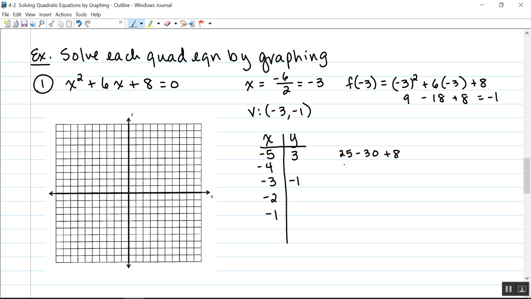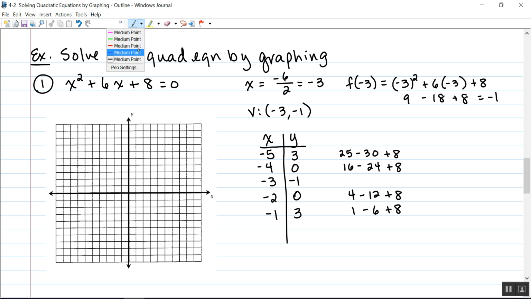Plugging in negative 4 is going to give me 16 minus 24 plus 8, or 0. Plugging in negative 2 is going to give me 4 minus 12 plus 8, or a 0. That's nice. I'm starting to see my symmetry. And plugging in negative 1, I will get 1 minus 6 plus 8, or 3.